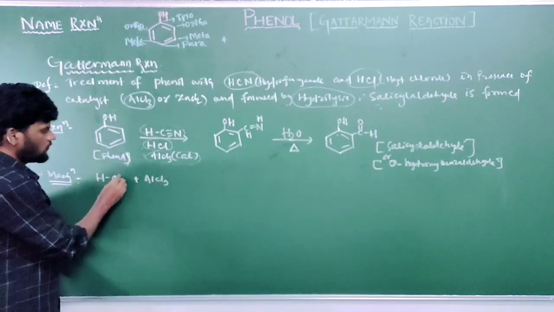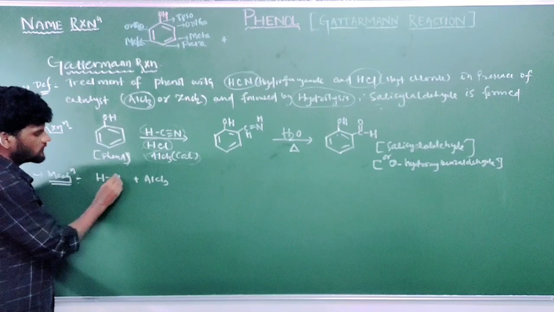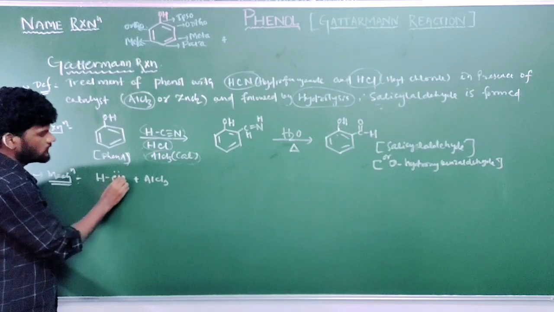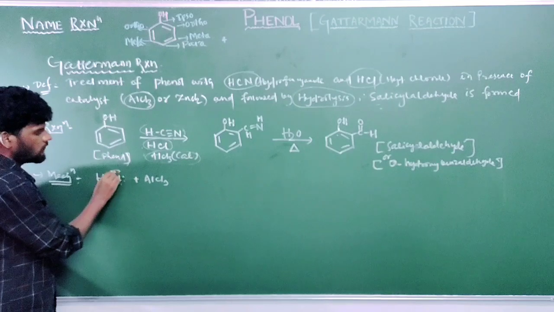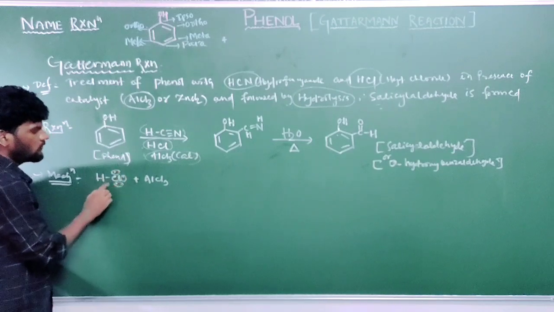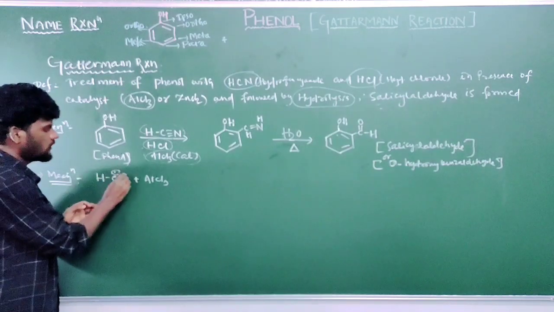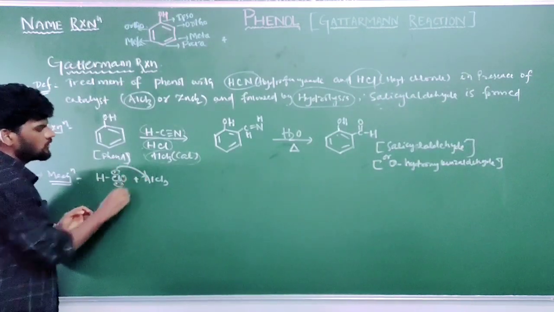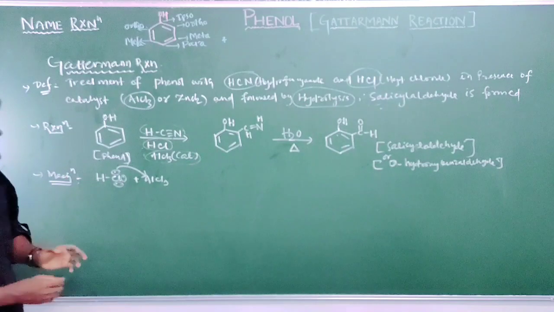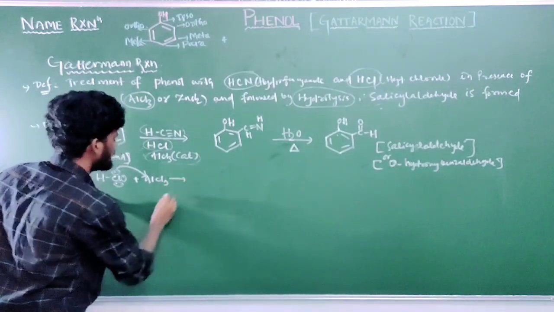So who will give the electron? Here see, the chlorine atom has 3 non-bonded electron pairs over it. 1, 2, 3. One of the non-bonded electron pairs chlorine will give to aluminum through coordinate bond. So what will it form?